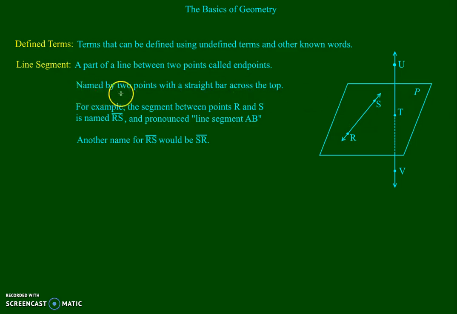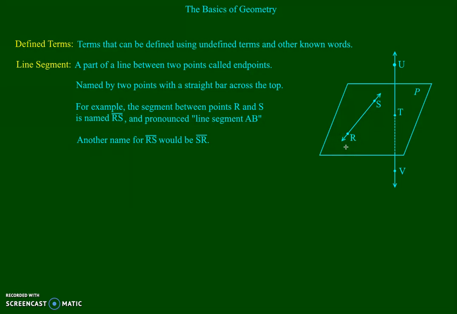And line segments are named with 2 points and a straight bar with no arrowheads across the top. Recall that line RS was named with the letters R and S and a bar with 2 arrowheads across the top. In a line segment, we leave off the arrowheads to indicate that it's starting at R and ending at S. The arrowheads indicate that it goes on forever.